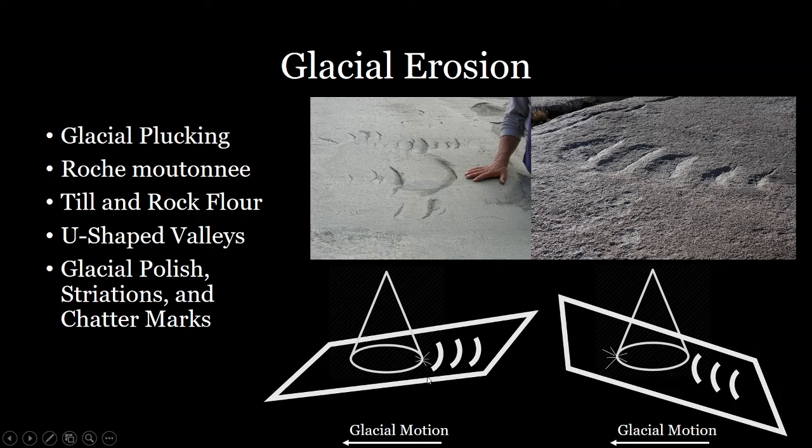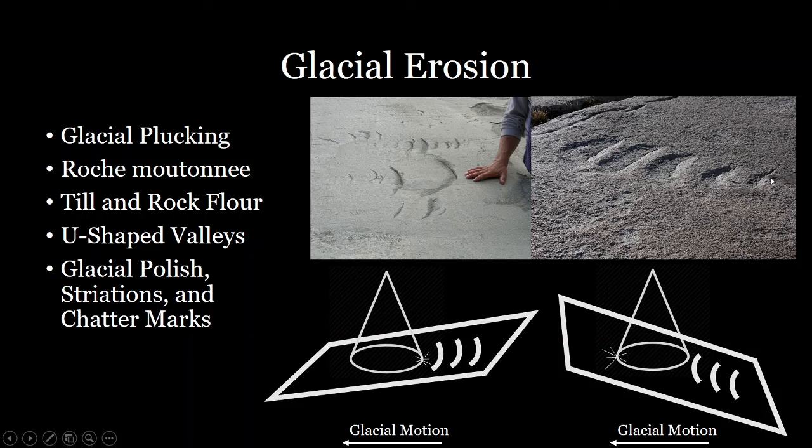And then the last feature that can form is when you have a boulder moving along the bottom of a glacier, bouncing along the bedrock and eroding as it does. What results is known as chatter marks. These are concentric curved marks that form along the bedrock, all in a row.